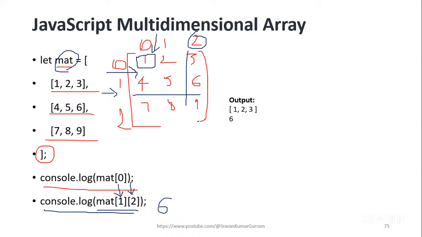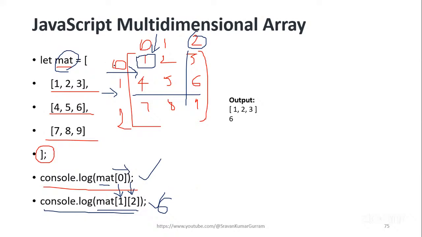Suppose I want to print only a single element, how to write the code? This is about that. And this one is how to print a single row or single column. Suppose I want to print a single row, just the array name with 0. I'm not writing any column index here, only the row.